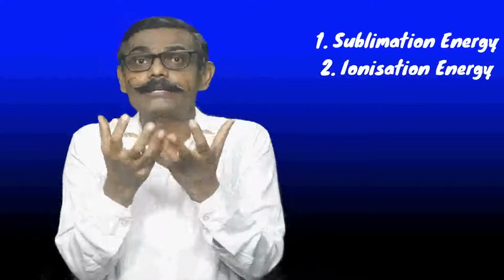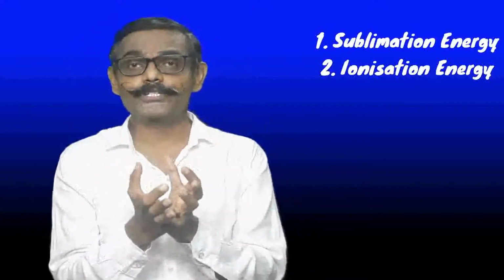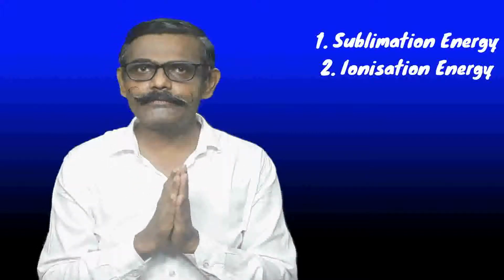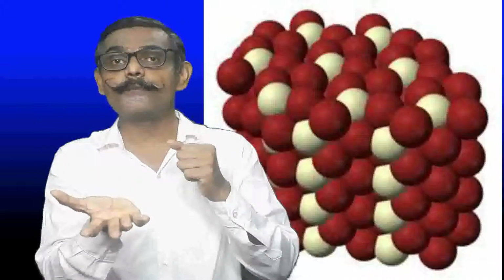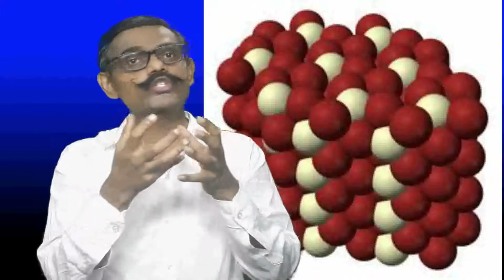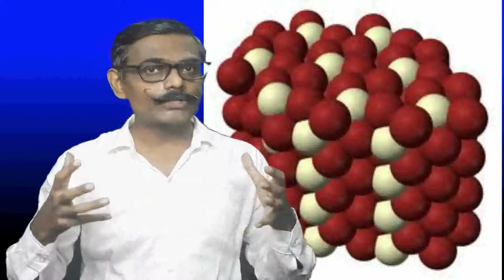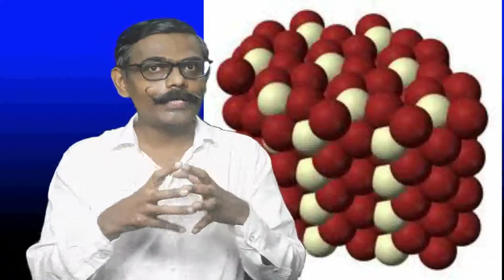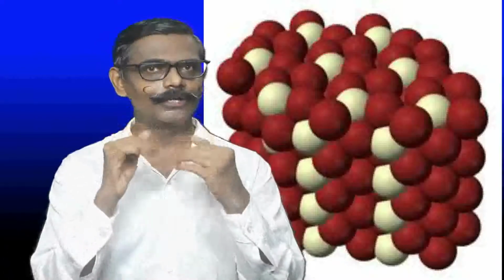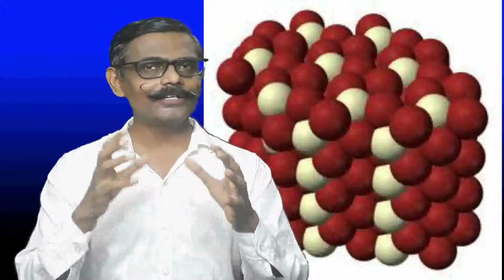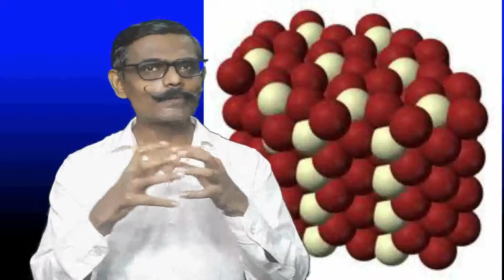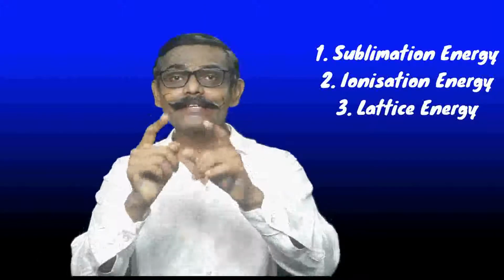But once the ion forms, say La+3, what will that La+3 do? La+3 will combine with 3Cl- to form LaCl3. A solid is obtained, and when the solid forms, energy gets released. When 1 mole of solid forms, the energy liberated is called lattice energy.